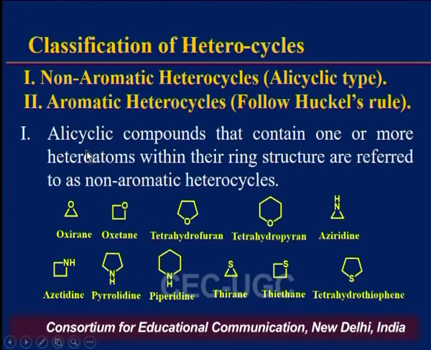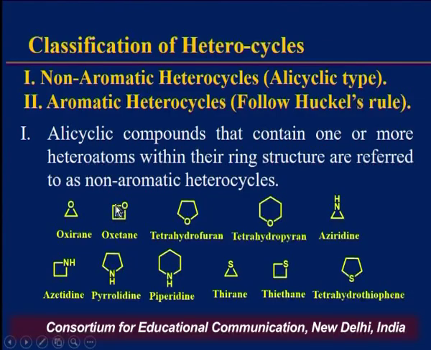The first is non-aromatic heterocyclic compounds. Non-aromatic heterocyclic compounds can be defined as alicyclic compounds that contain one or more heteroatoms within their ring structure. You will see some examples from this category. If there is a 3-member ring and oxygen as the heteroatom, then we call it oxirane.